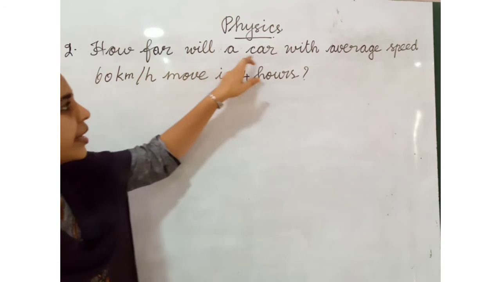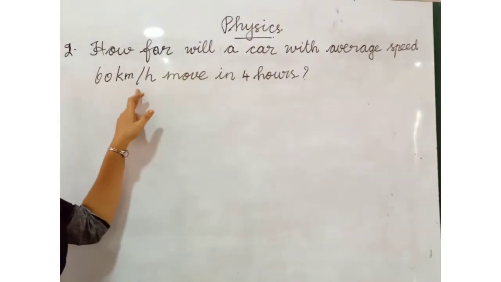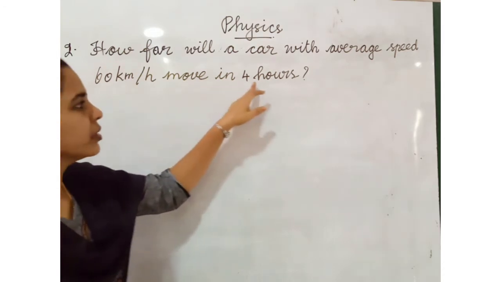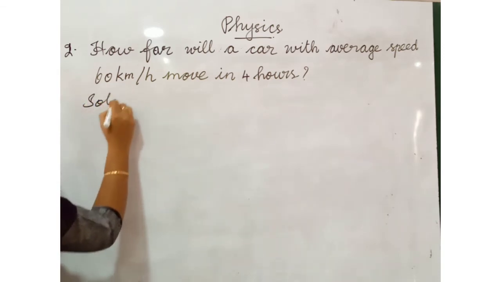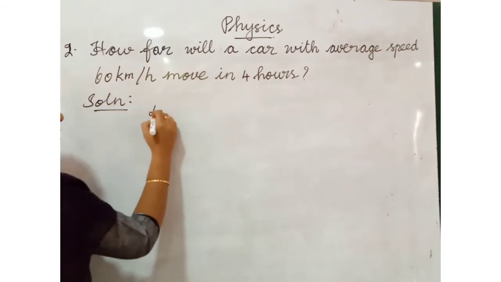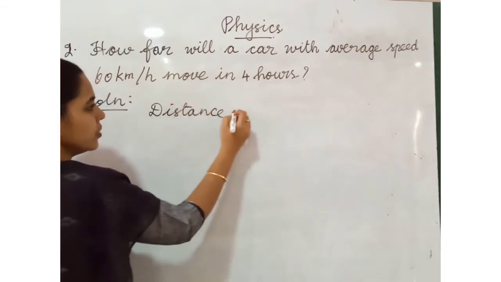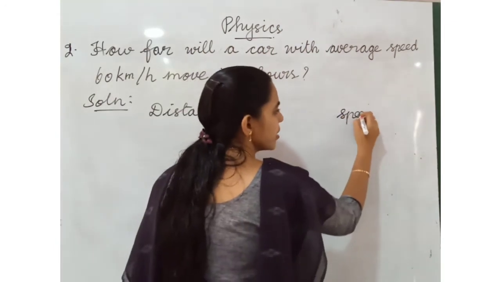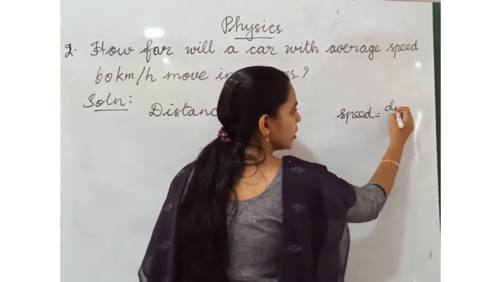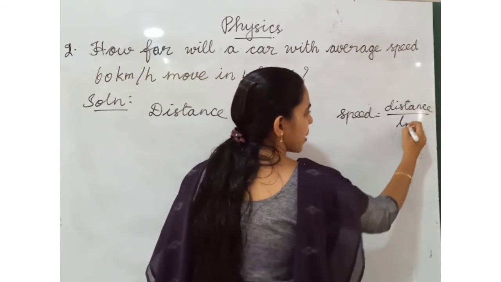Listen to the second question. How far will a car with average speed 60 km per hour move in 4 hours? Okay, how far? So we have to find the distance. Solution. What is the formula for distance? Before that, we know the formula for speed. Speed is equal to distance divided by time.